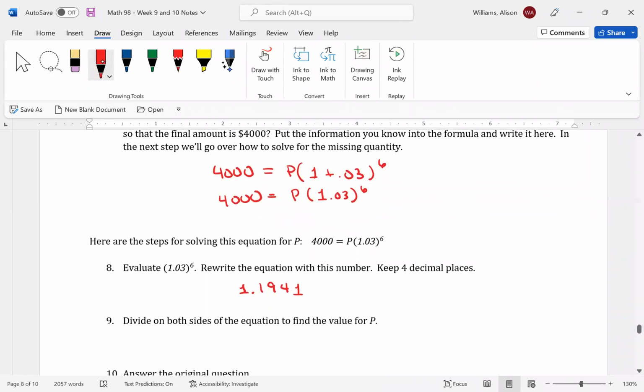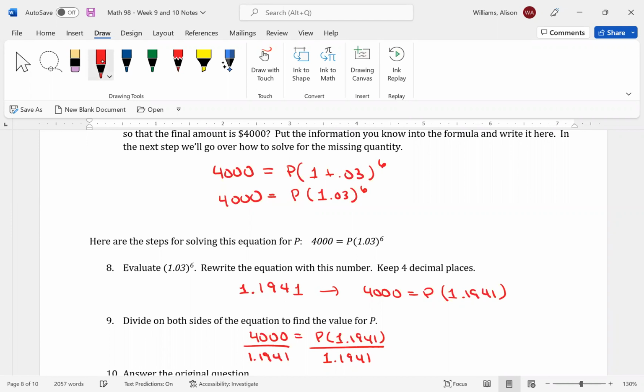Now rewrite the equation with that in there. So 4,000 equals P times 1.1941. And if I want to solve for P, I need to divide both sides by that number, 1.1941.